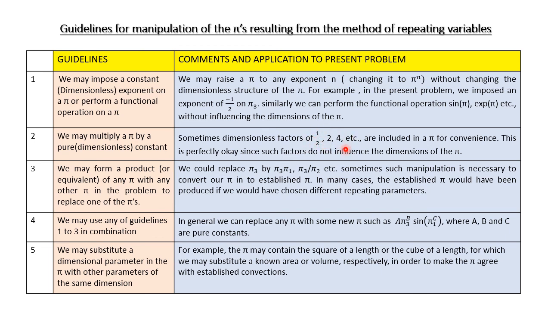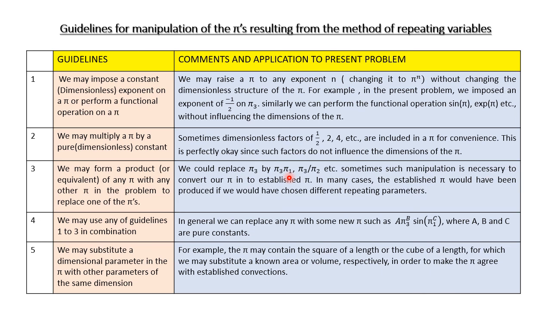Next, we may form a product of pi terms, like we can replace pi 3 by pi 3 into pi 1, or pi 3 by pi 2. These are nothing but manipulations of pi terms in order to get more socially accepted pi terms.